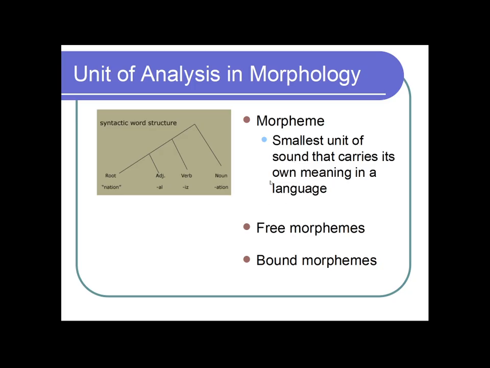There are two different types of morpheme, the free morpheme and the bound morpheme. And free morphemes can stand on their own. They don't have to be attached to anything else in order to carry the meaning. So it's a unit of sound that carries a meaning. I can just walk up and say that unit of sound and you know what I mean. That's a word, basically. Free morphemes are basically words. It doesn't matter how long the word is.